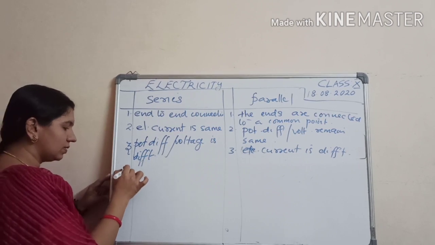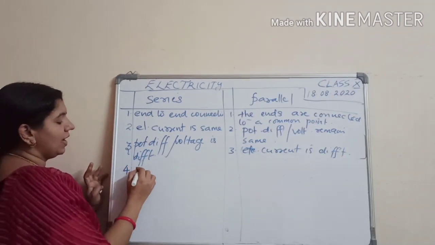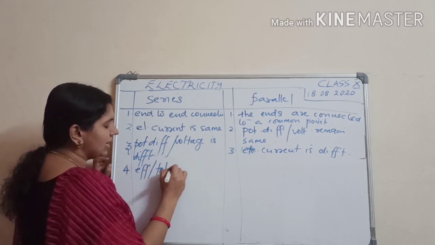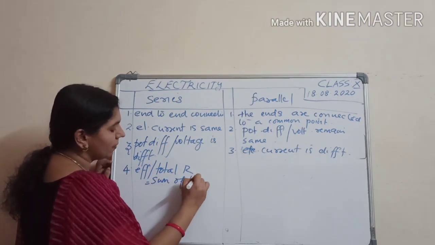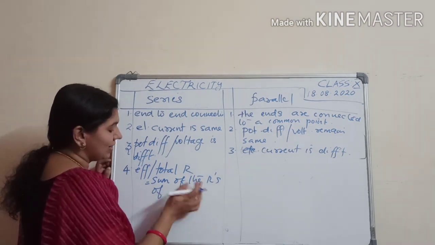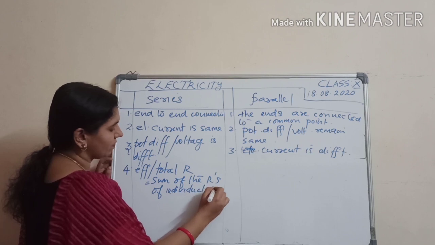Now look here. How will you find the effective resistance? Yes, the effective means total resistance. Effective or the total resistance is the sum of the individual resistances.